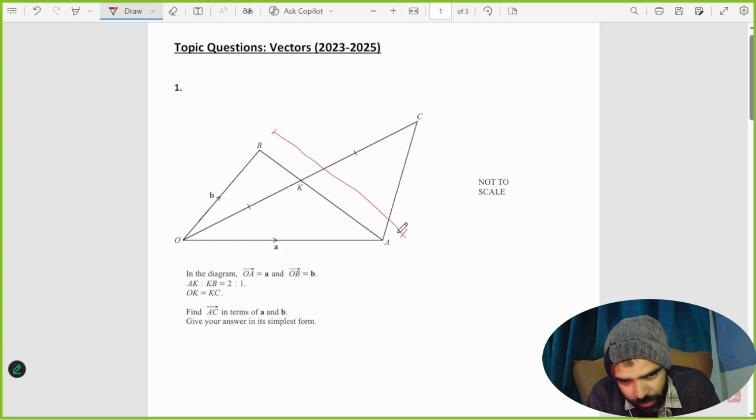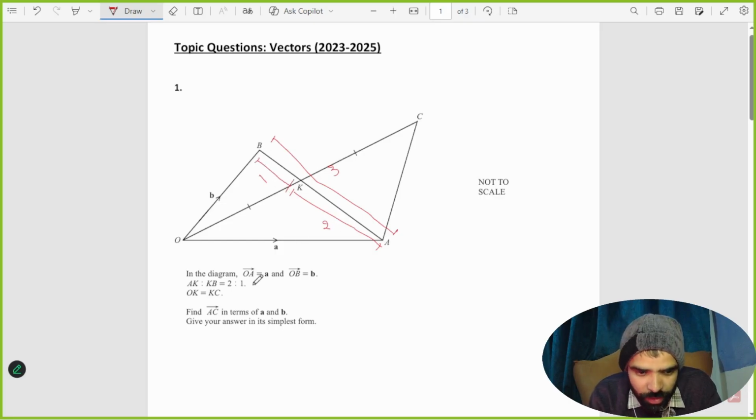It means if the whole line from A to B has a total of 3 units, 3 centimeters, then the 2 parts are with AK and 1 part is with KB.